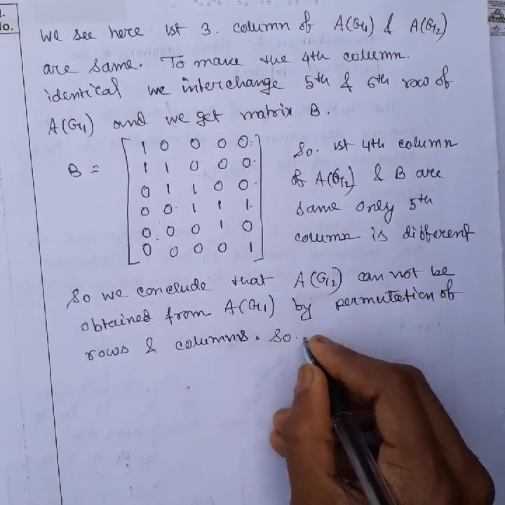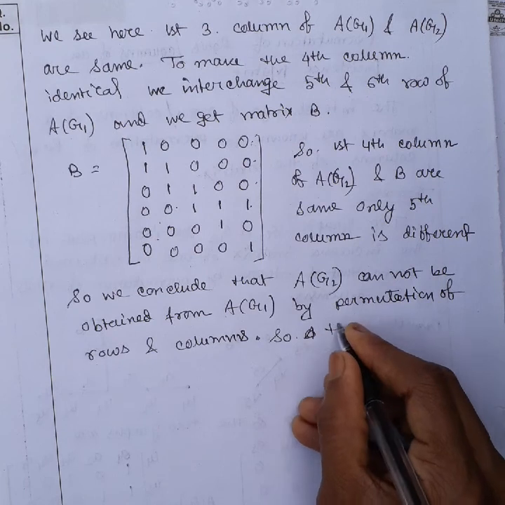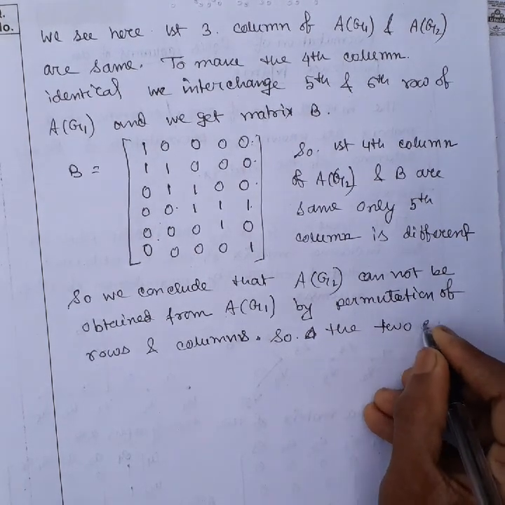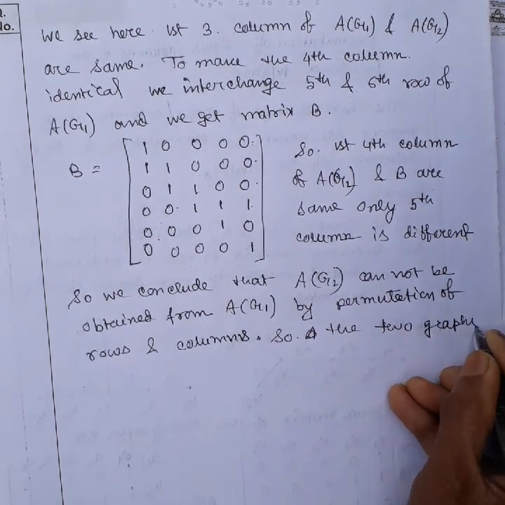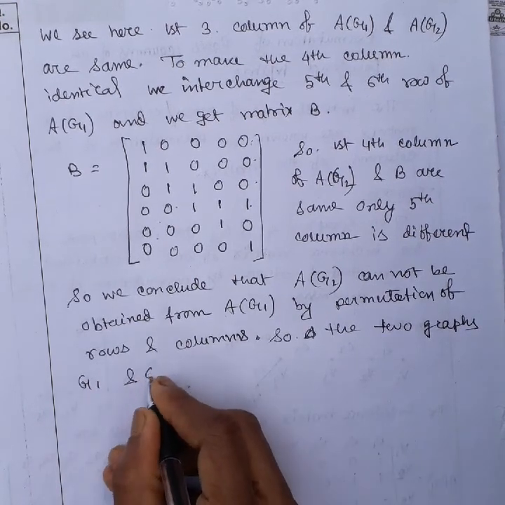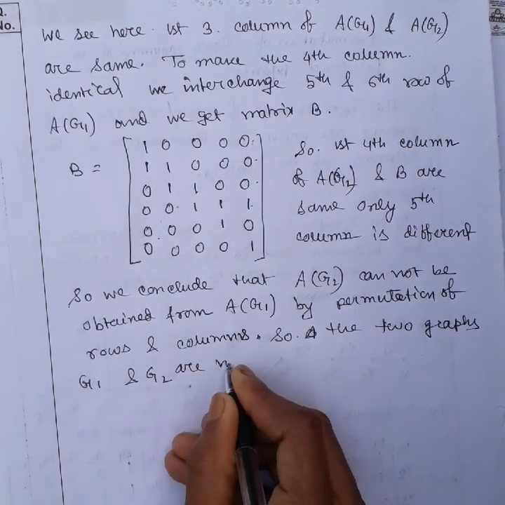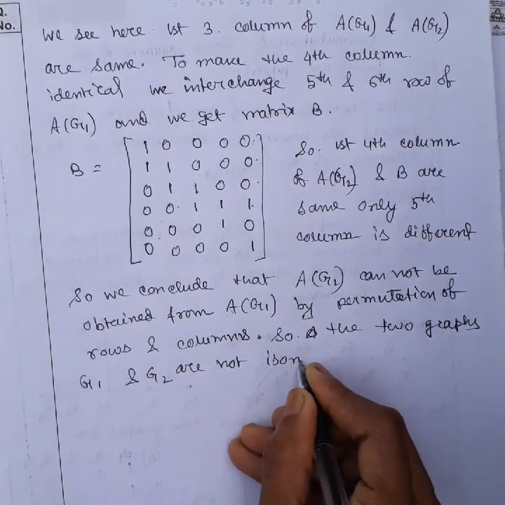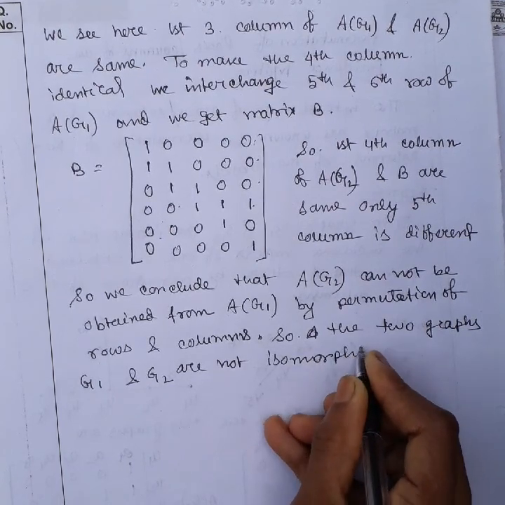So the two graphs G1 and G2 are not isomorphic. Okay, clear?